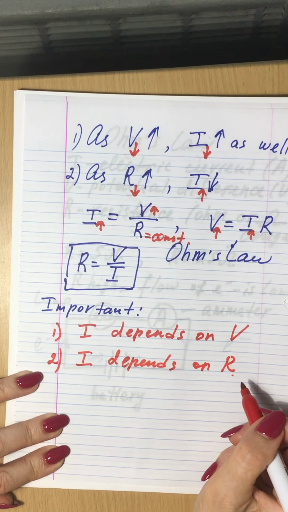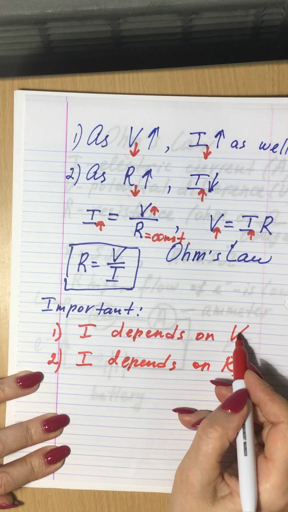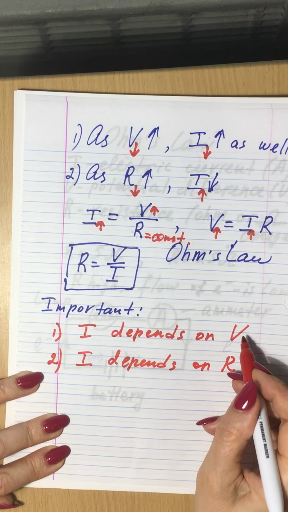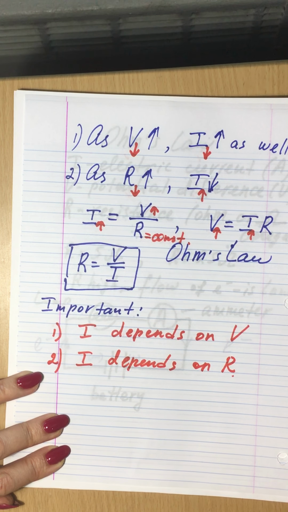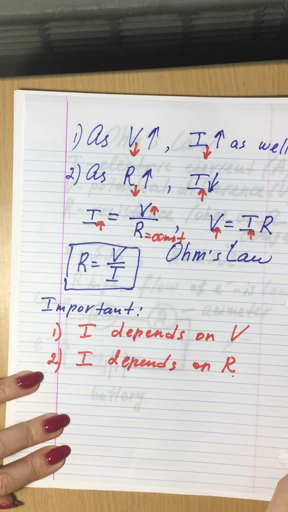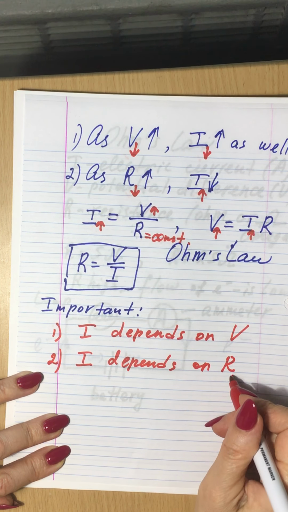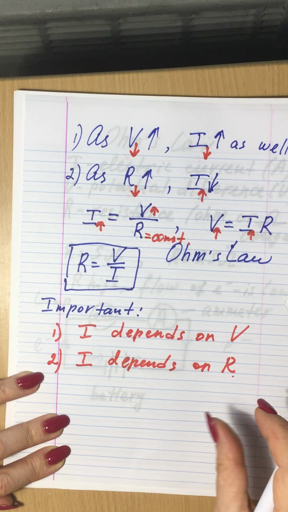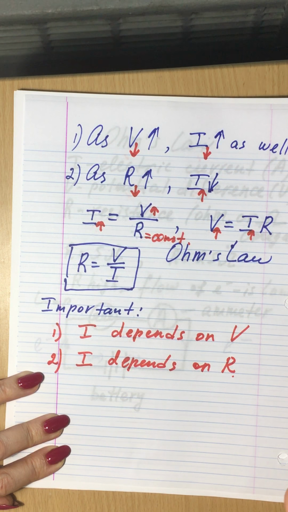Resistance does not depend on I, like V does not depend on I. Remember that V is printed on the battery or power supply. You know what amount of potential difference you have. So it's like a fixed amount. The same thing with resistance. It's also printed on the electrical device, 5 ohm or 10 ohm or 100 ohm.